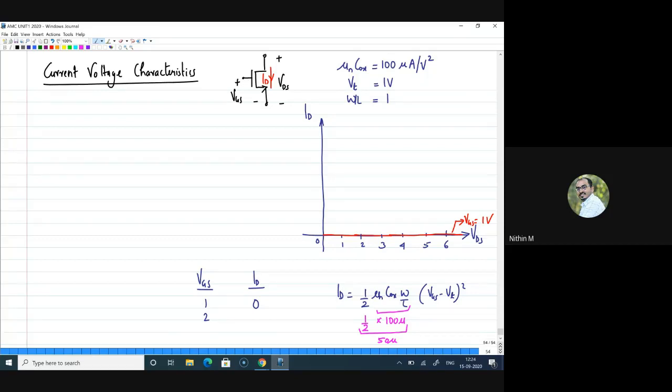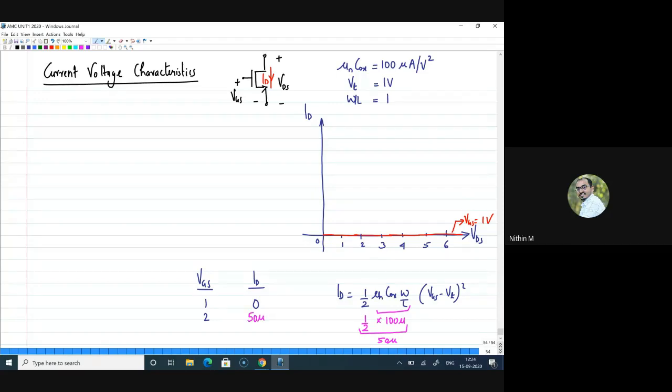If I take the linear region equation, I have to plug in both VDS and VGS together there. I know that the transistor will ultimately go to saturation as you keep on increasing your VDS. So I am finding the saturation current, then connecting that back to the triode region. You'll understand what I'm trying to do after a while. Please hold on, I'll explain that properly.